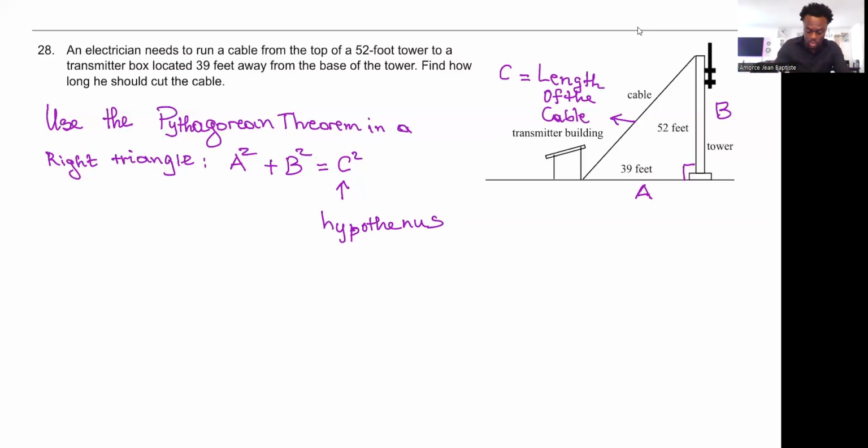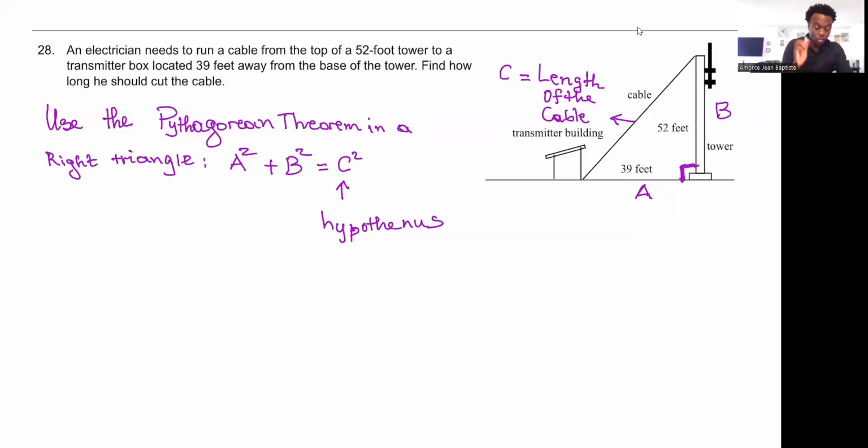So this is the right angle, and the sides of the right angle, when you square them and then add, equals the square of the side that is the longest, also called the hypotenuse of the triangle. So that's what we're going to use here.